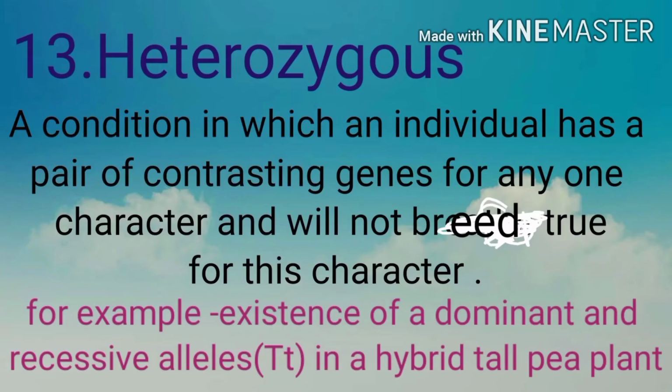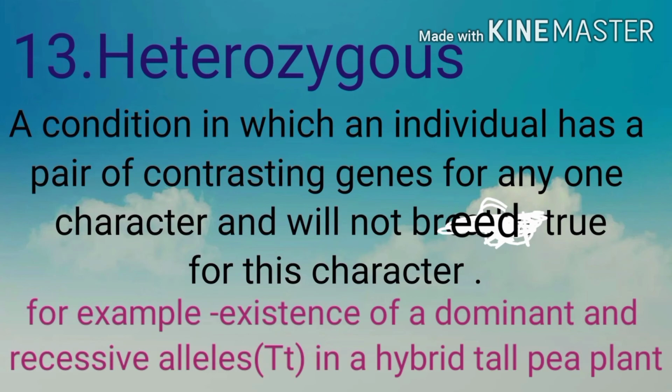Now let us see what is heterozygous. A condition in which an individual has a pair of contrasting genes for any one character and will not breed true for this character. For example, existence of dominant and recessive alleles in a hybrid tall pea plant.